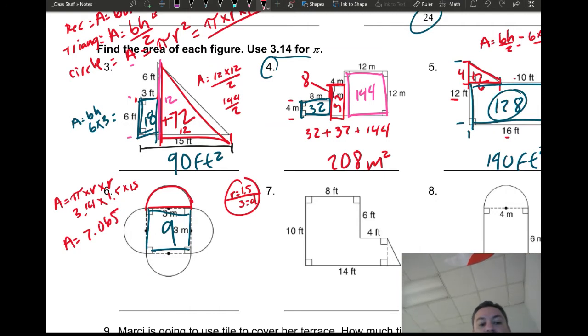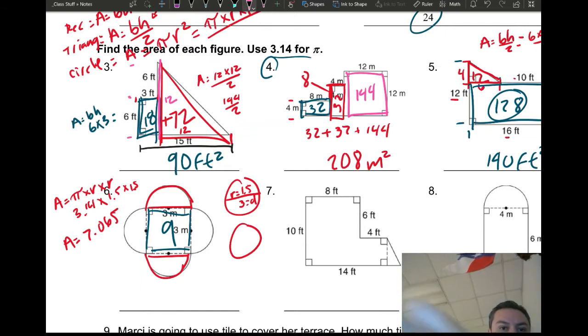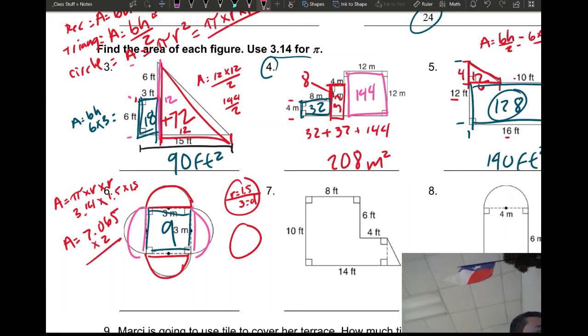Okay? However, I said that we have 2 circles. These 2 make 1, and then these 2 make another circle, and they're the same. So all I have to do is multiply this times 2. When I multiply times 2, I get 14.13 for the 2 circles.